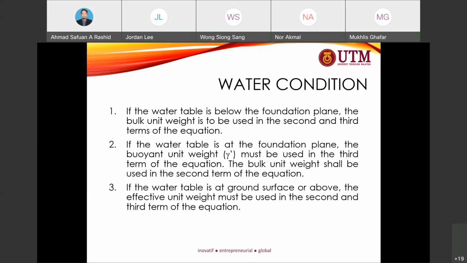If the water table is at the foundation plane, the buoyant unit weight must be used in the third term of the equation, and the bulk unit weight should be used in the second term. If the water table is at the surface or above, the effective unit weight must be used in the second and third terms of the equation. So that is for the water condition.